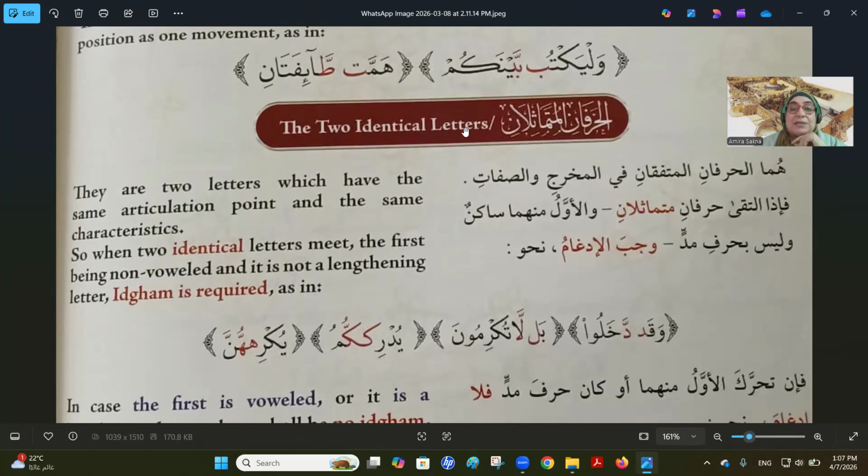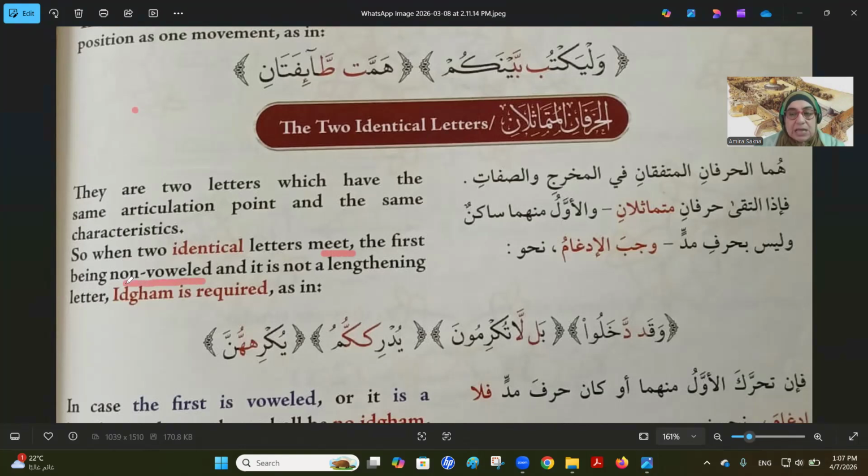The two identical letters, al-mutamathilan, they are two letters which have the same articulation point and the same characteristics. Same, same. So when two identical letters meet, the first one being non-voweled, those are the conditions.